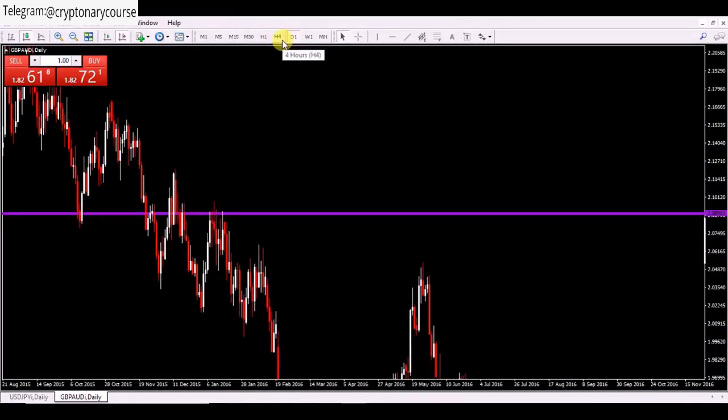So that concludes support resistance. The next chapter we will be covering after this is trend lines. And when we combine support resistance with trend lines, things will start to come together.